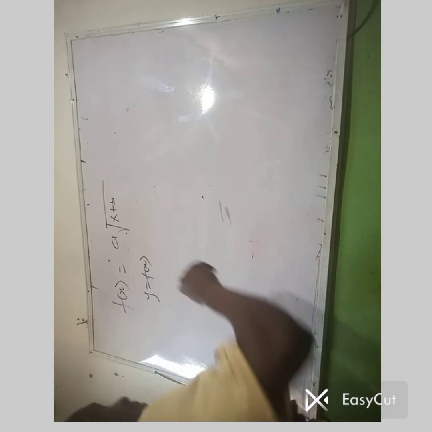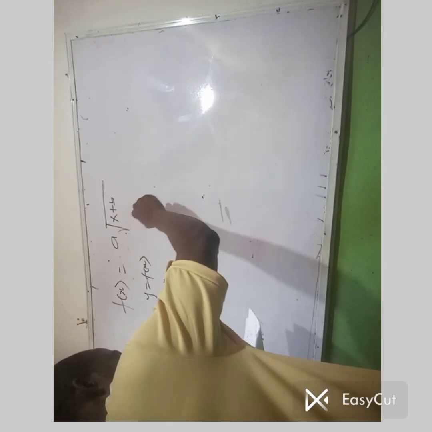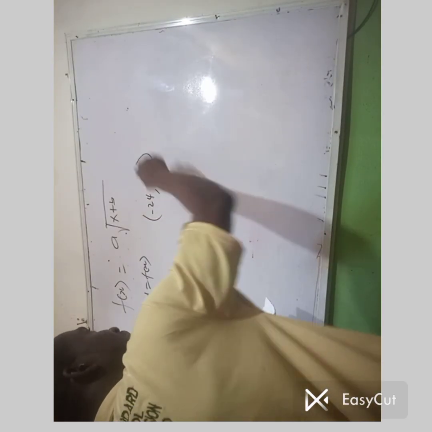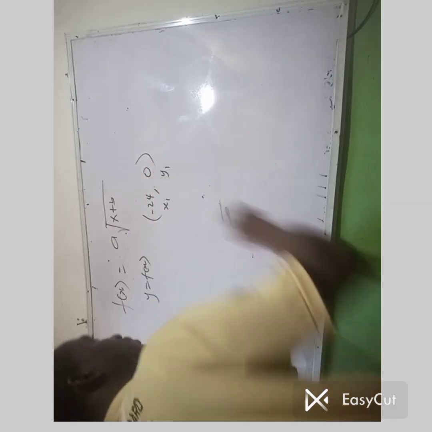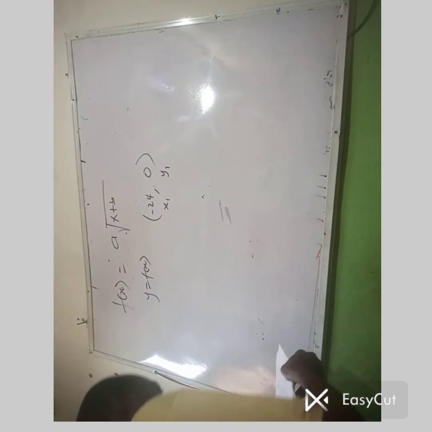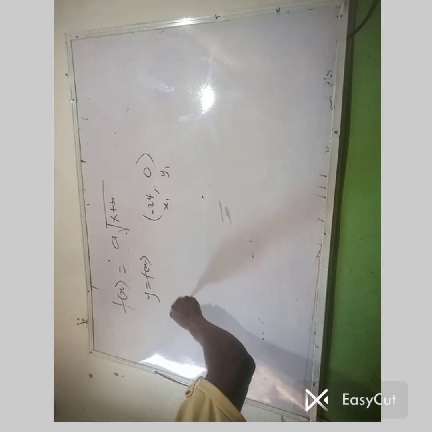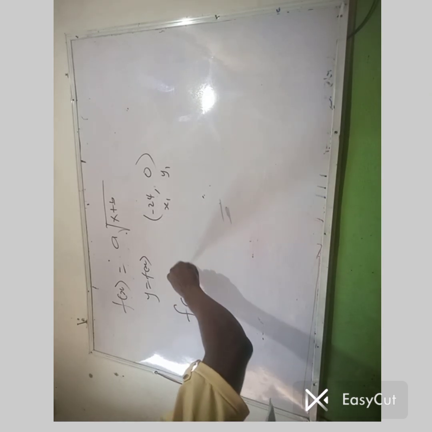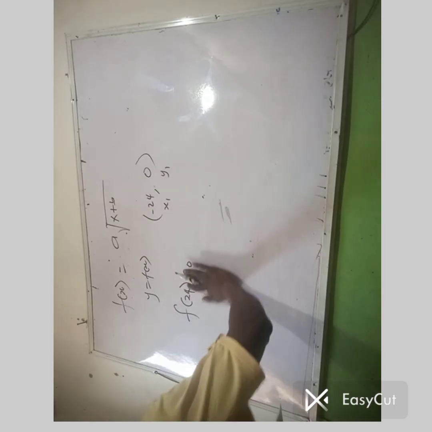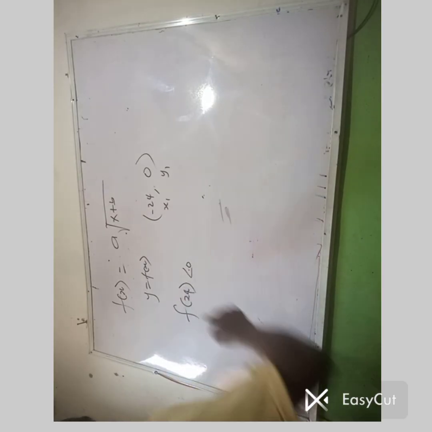It passes through the points minus 24 and 0. That is x1 and y1. And f of 24 is greater than 0. Oh, sorry, it's less than 0. No, sorry.